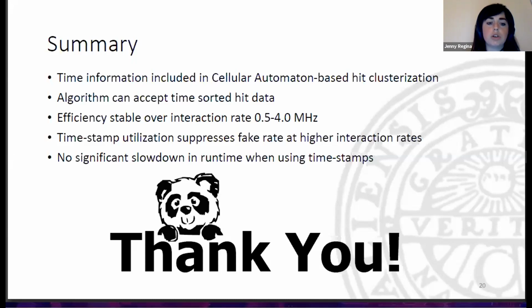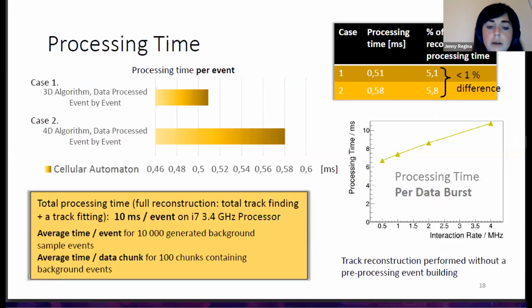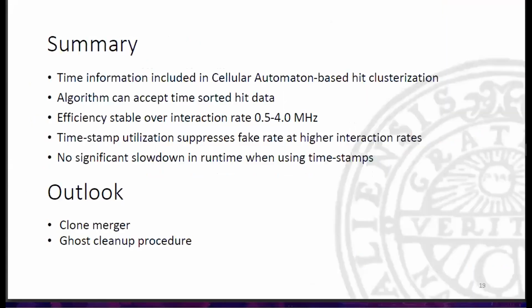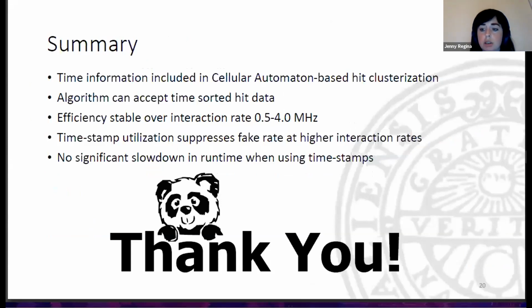So we are aiming to use this one after having run a primary track finder. As I showed here, the track reconstruction now is performed without a pre-processing event building, and also not with a primary track finder before. We have to investigate which is the most suitable primary track finder, but this is for sure one of the most promising secondary ones. Okay.